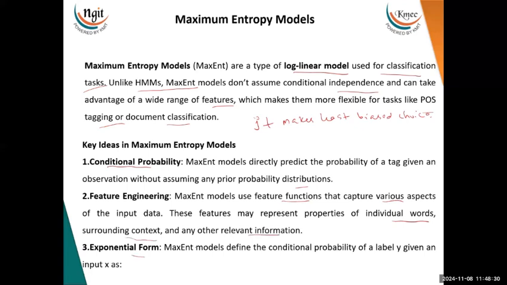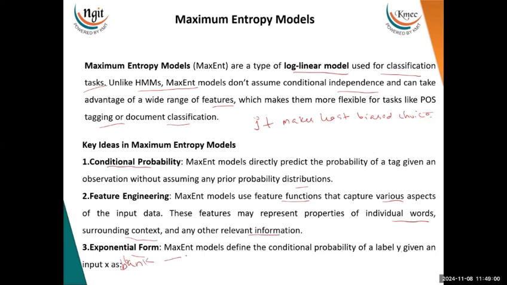Next is exponential form. Maximum entropy models define the conditional probability of a label y given an input x as, so let me write. For example, let me write an example here. Let us say there is a word called bank.